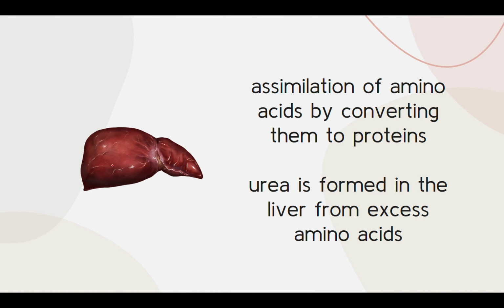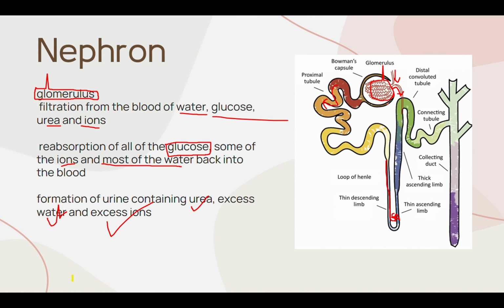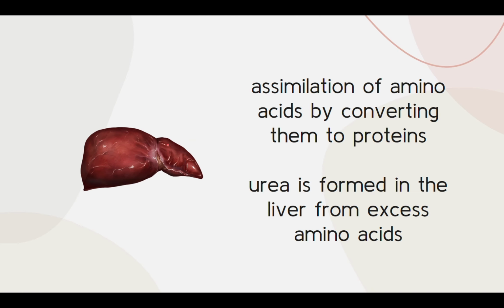Then we're going to talk about the part that we mentioned earlier. We said that there is some stuff that cannot escape from the glomerulus holes. So where does it go? It would go to the liver. We said that the amino acids are too large to escape from the holes, so they go to the liver for something known as assimilation of amino acids.